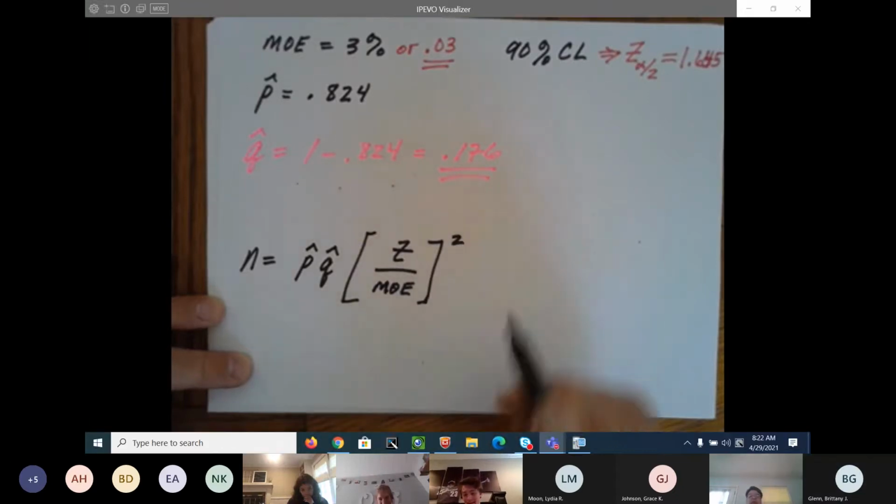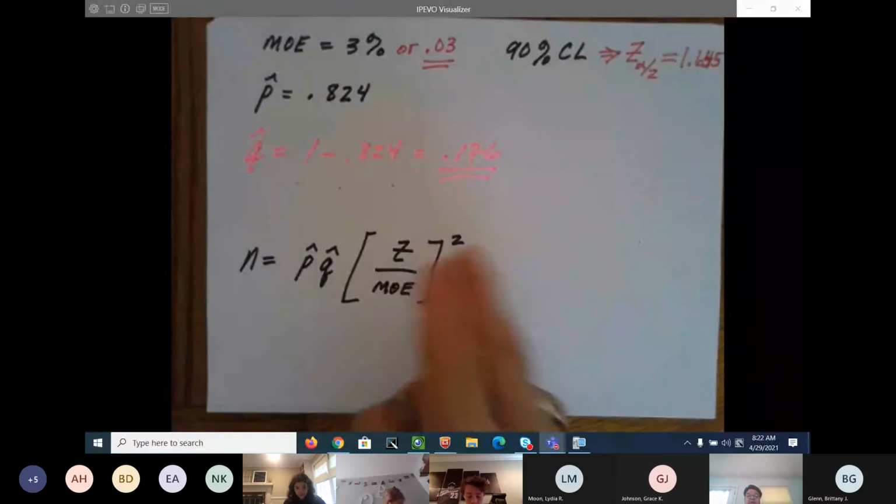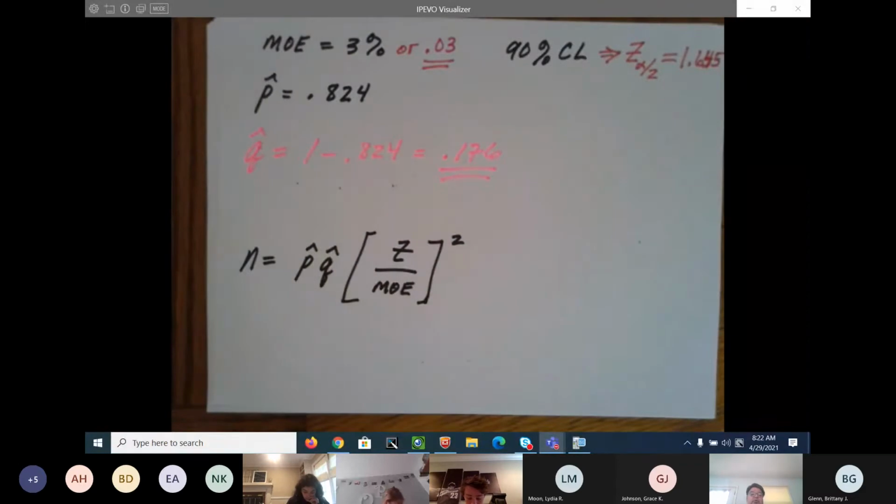Plug and chug. So do it. And this is a test question. I'll give you 3 or 4 of these. I'll give you 3 or 4 of the margin of error. I'll give you 3 or 4 of the build a confidence interval, and I'll give you maybe 1 or 2 of what is p hat and q hat. That's it.